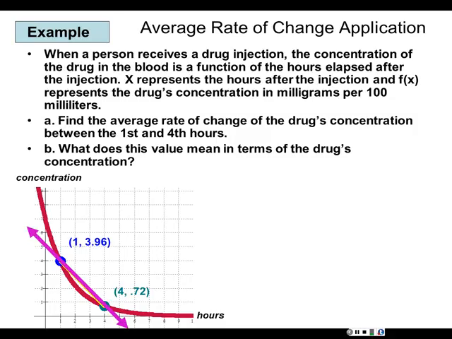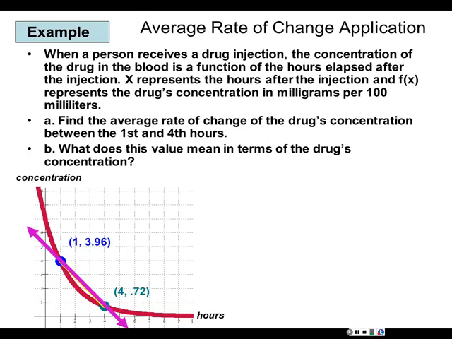But for example, if somebody asks what is the rate of concentration change between the third and fourth hour, you will probably have a point here and here. If you draw a line, it will be a little bit less sharp than this, because the rate of change is not that much.